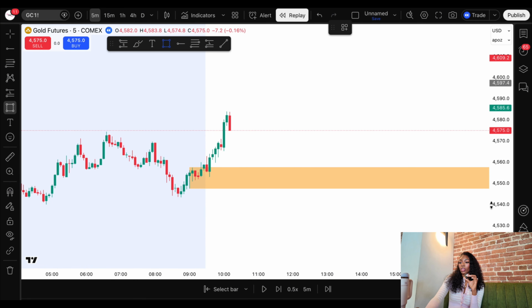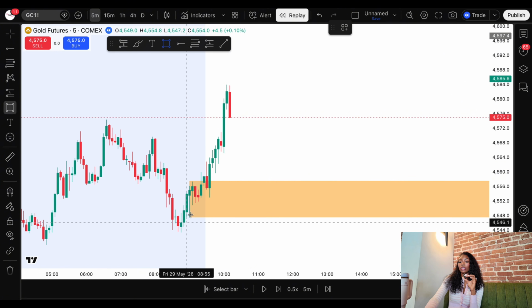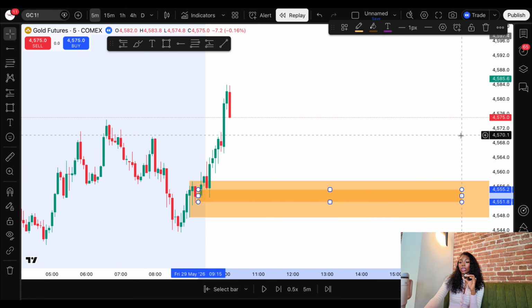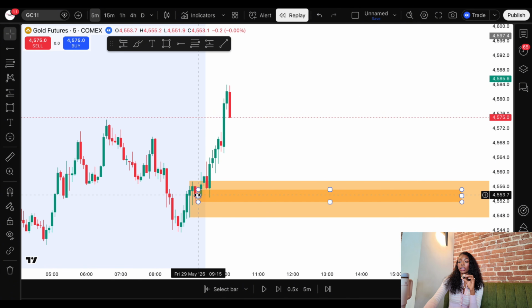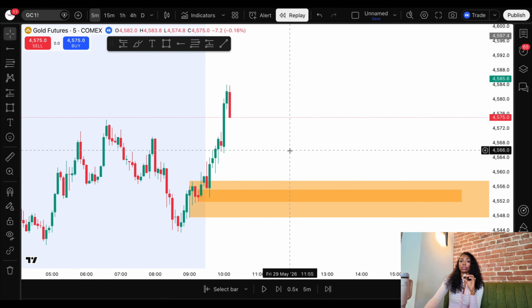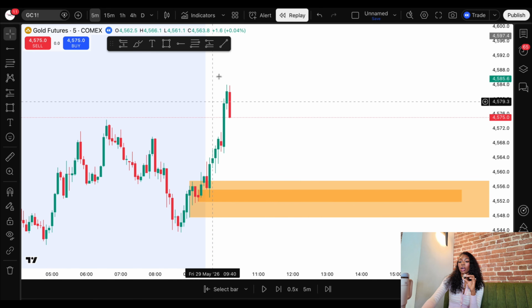So here, this is what you do. You have these two options. You're like, okay, now I have the 15-minute demand zone and I see two possible demand zones here. Where I go from here, I would not mark this one out for two reasons mainly. For one, this candle is not the most recent candle since we have this 15-minute zone. For two, this candle has also already played out.